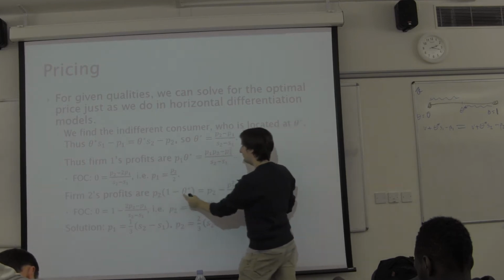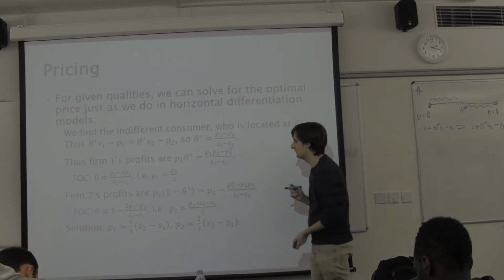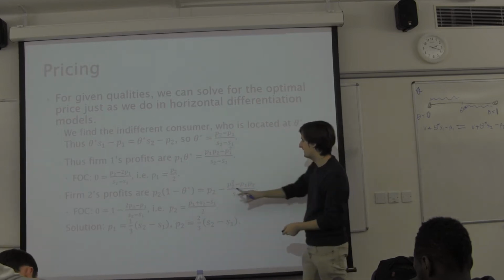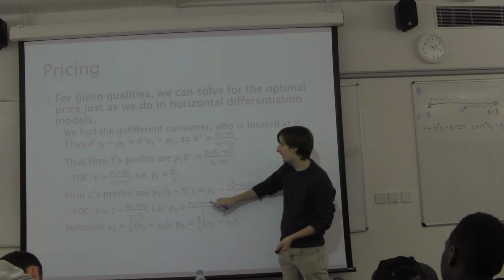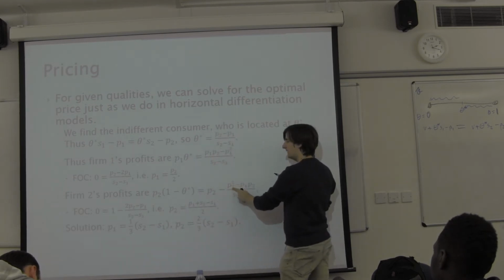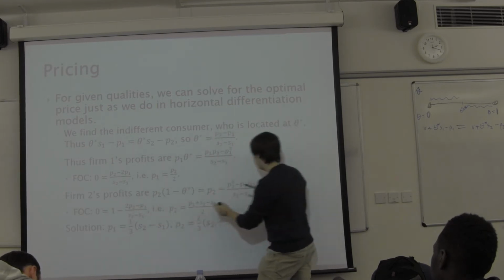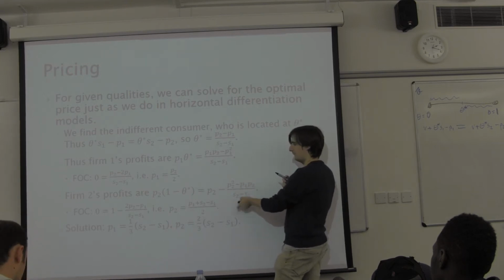So we get P2 minus P2 times theta star. For first order conditions, the derivative of P2 with respect to P2 is just 1. Derivative of P2 squared gives us 2P2, and derivative of P2 times P1 gives us P1.